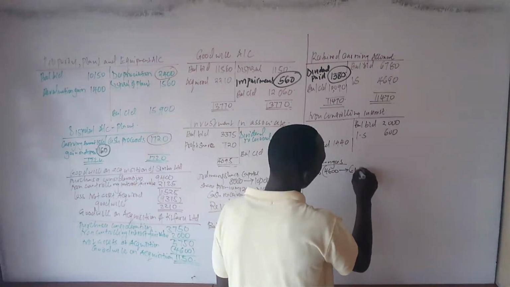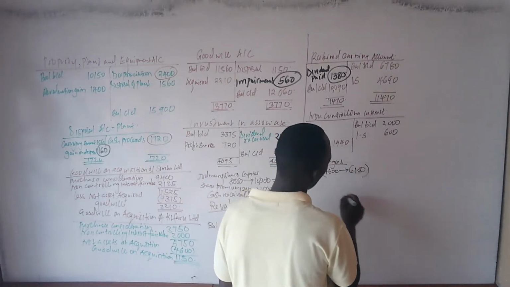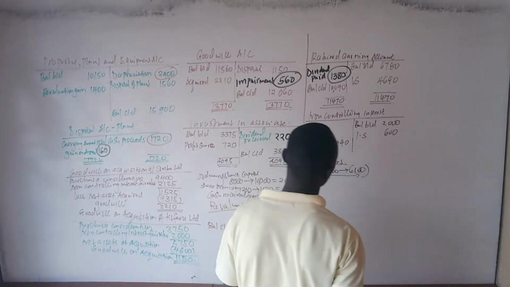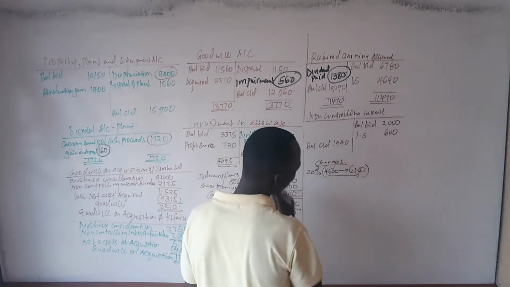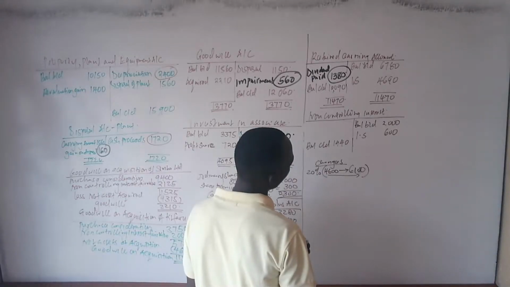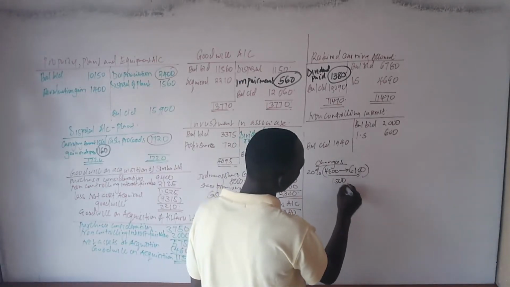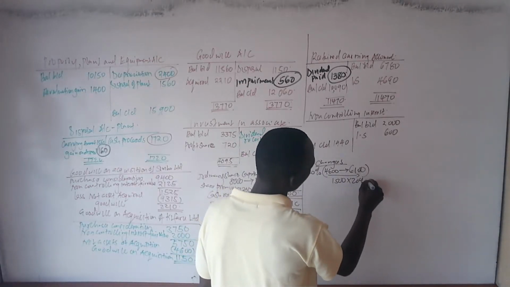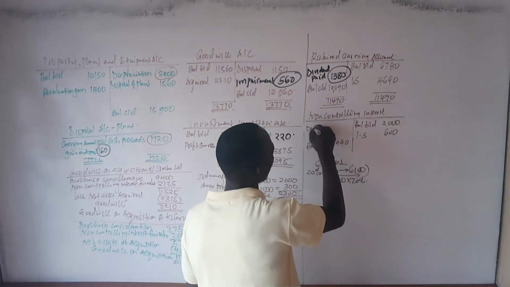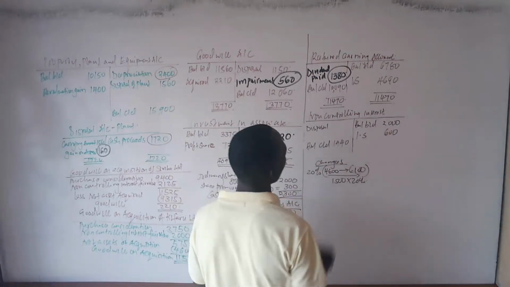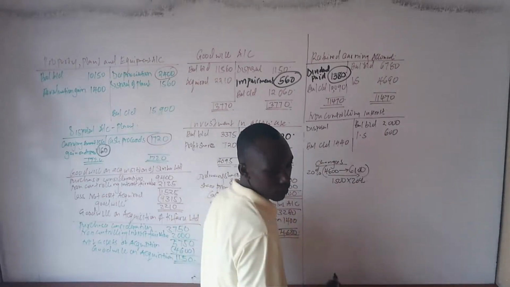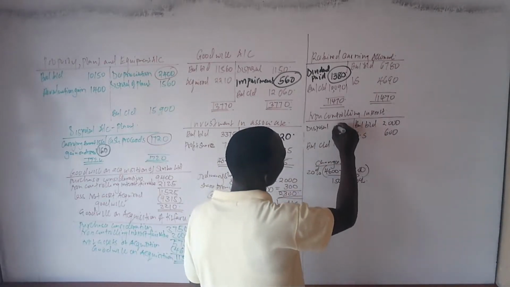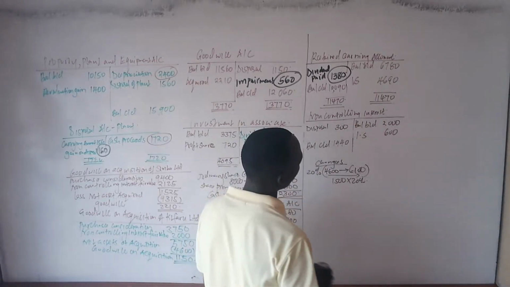Therefore, the change is 6,100 minus 4,600, which is 1,500. Then you multiply by 20%. So the disposal figure, not negative, we are looking at the change, so it will be 300.